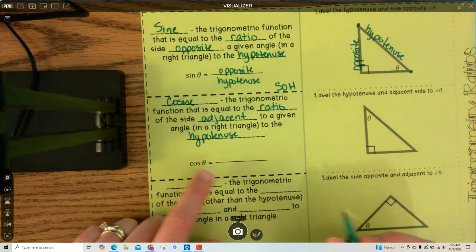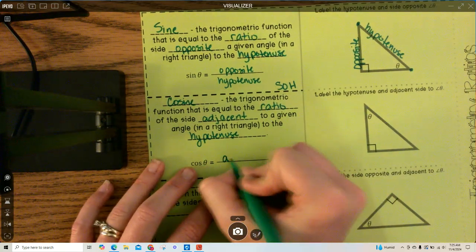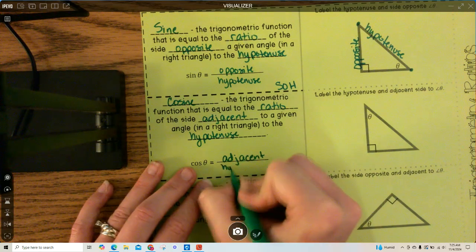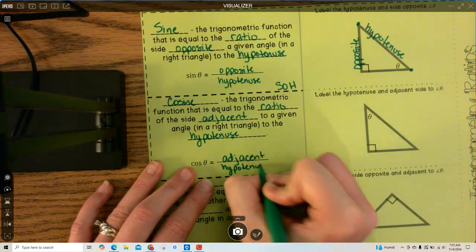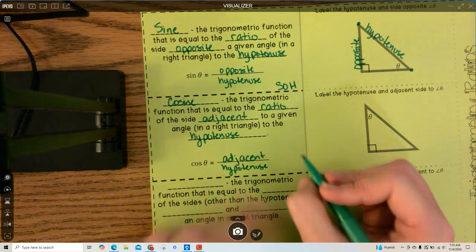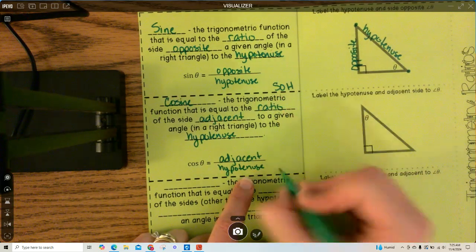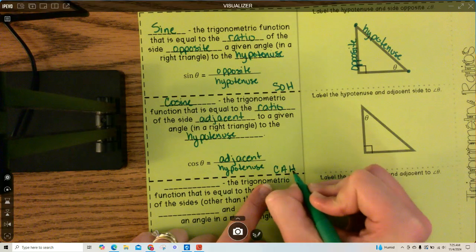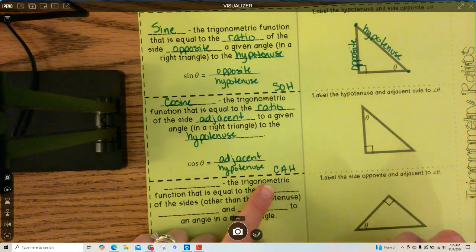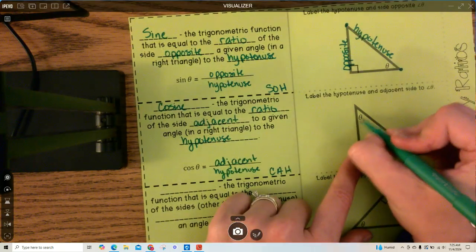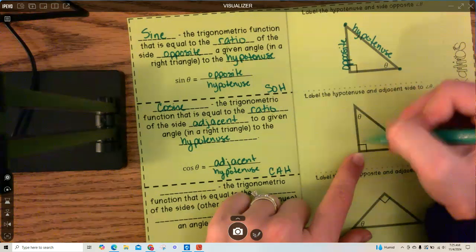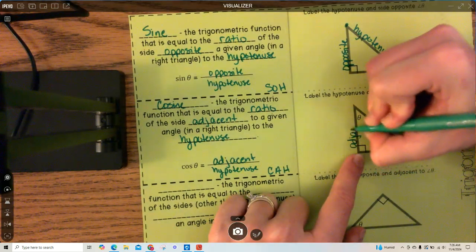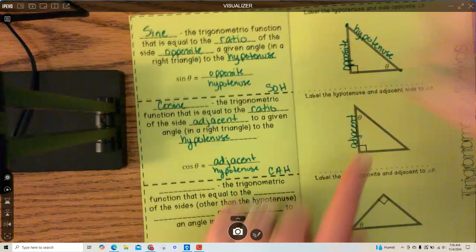So the cosine of an angle is the adjacent over the hypotenuse. So our mnemonic phrase for this, so we had SOH, this one would be CAH: cosine, adjacent, hypotenuse. So if this is the angle we're looking for, adjacent is the side it touches. So now this would be the adjacent side.